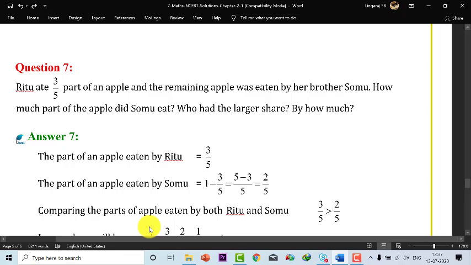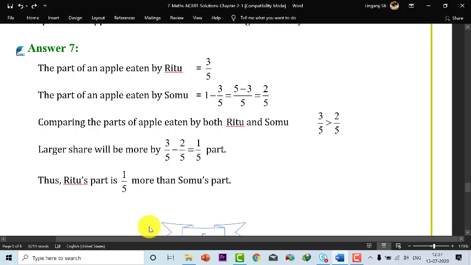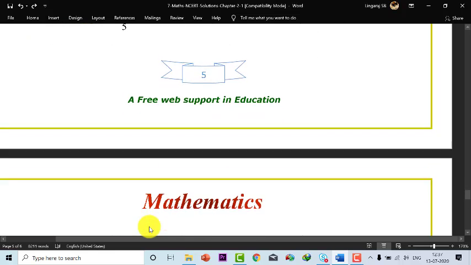Comparing the parts of apple eaten by both Ritu and Somu, 3/5 is greater than 2/5. So the larger share will be more by 3/5 minus 2/5, which is equal to 1/5 part. Thus Ritu's part is 1/5 more than Somu's part.